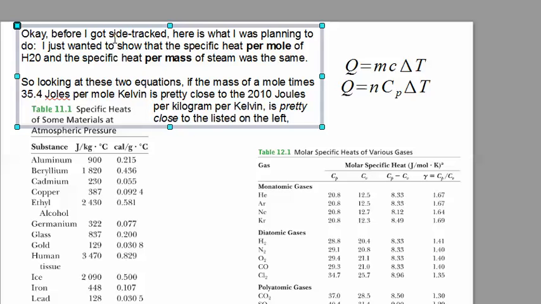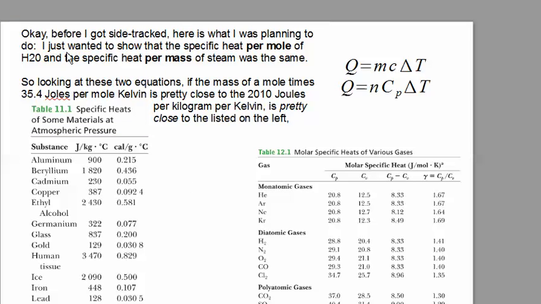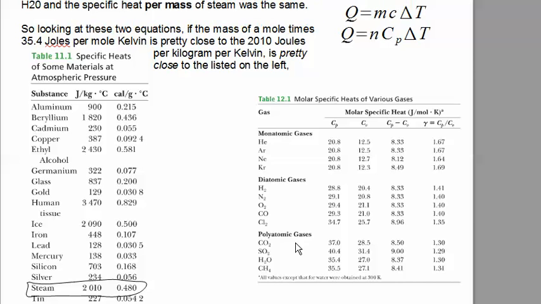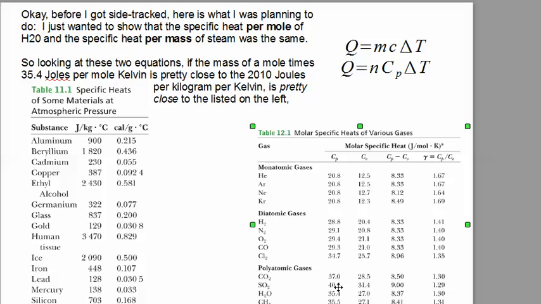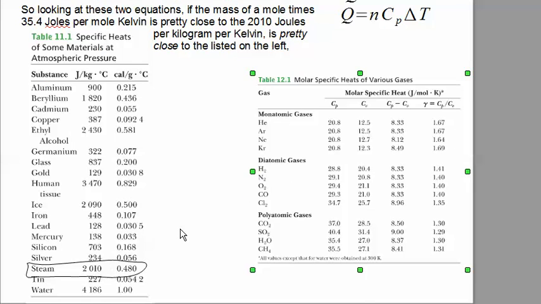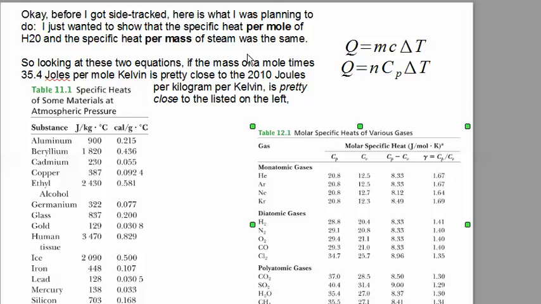Okay, before I got sidetracked, here was what I was planning to do. I wanted to show that the specific heat per mole of H2O, 35.4, and the specific heat per mass of steam, 2010, were the same.